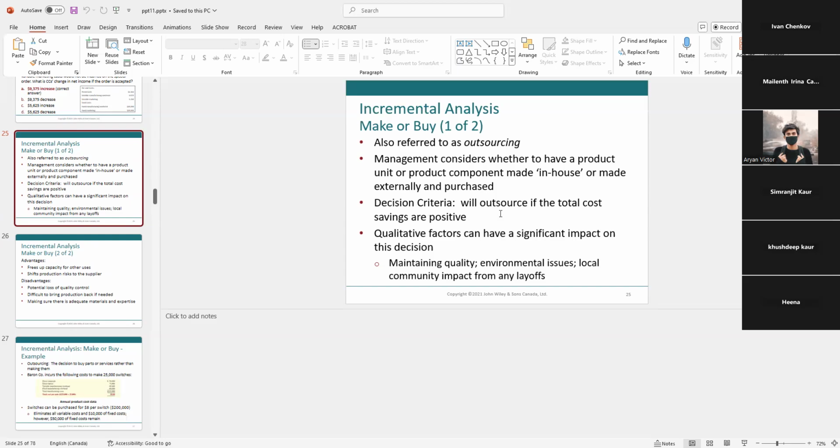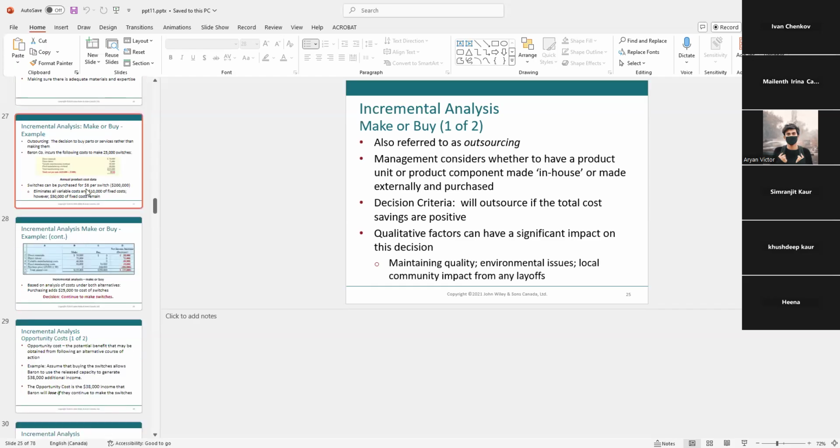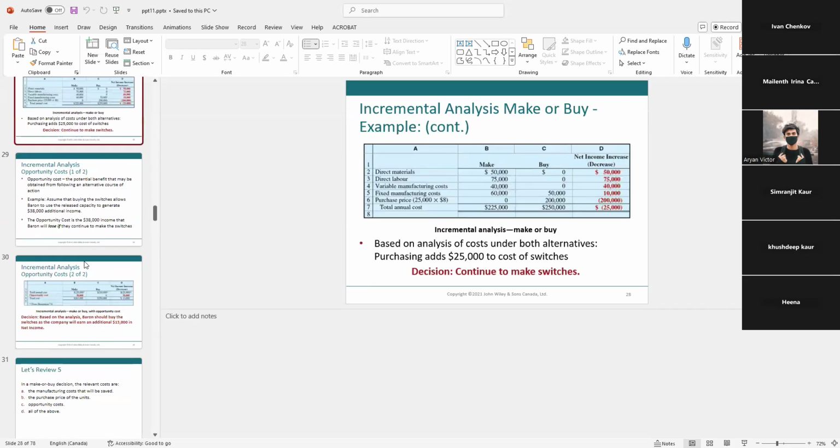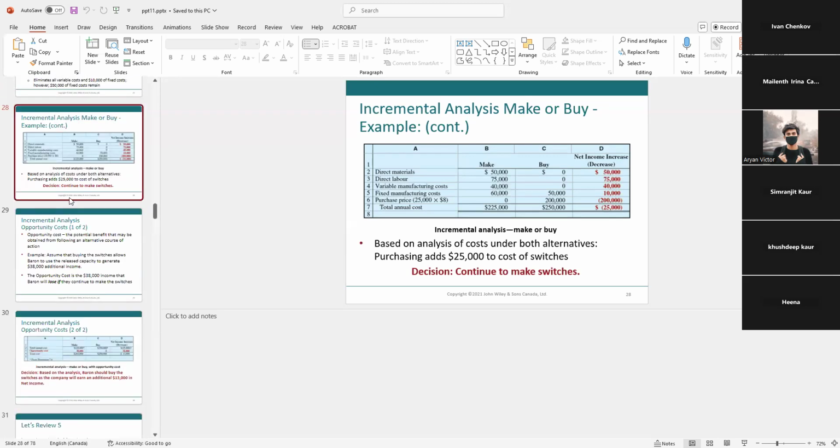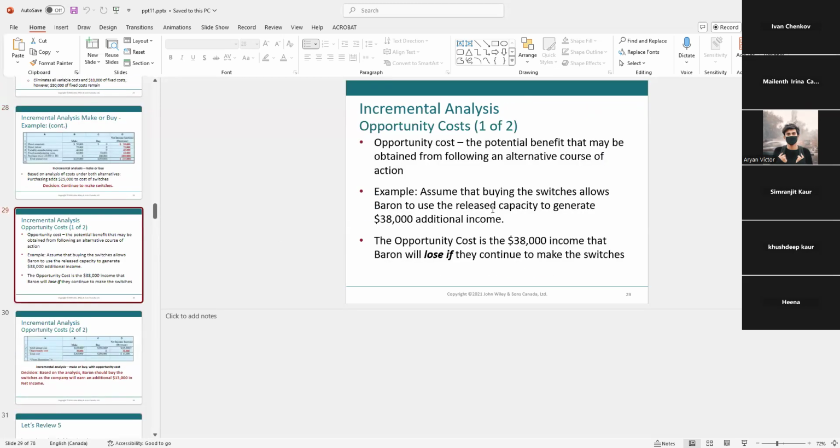So as long as it's cheaper for you to produce it, don't buy it. Or on the other hand, if you pay less than what it costs you to make it, go for it. And we saw the example here. And don't forget the opportunity cost.